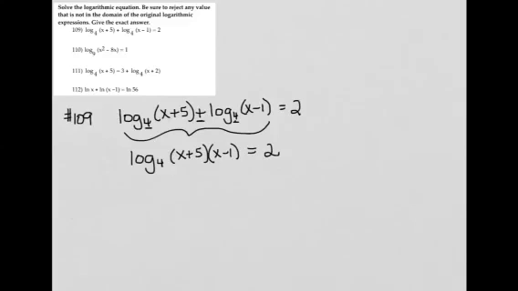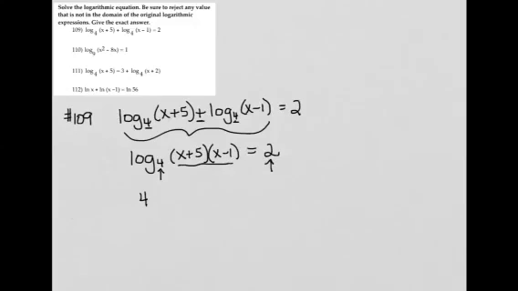Now I can take this logarithmic expression and turn it into an exponential expression. The base is 4. The exponent is 2, because in a logarithmic equation, the exponent is always on one side by itself, and the quantity that the base to the exponent is equal to is going to be by itself now.